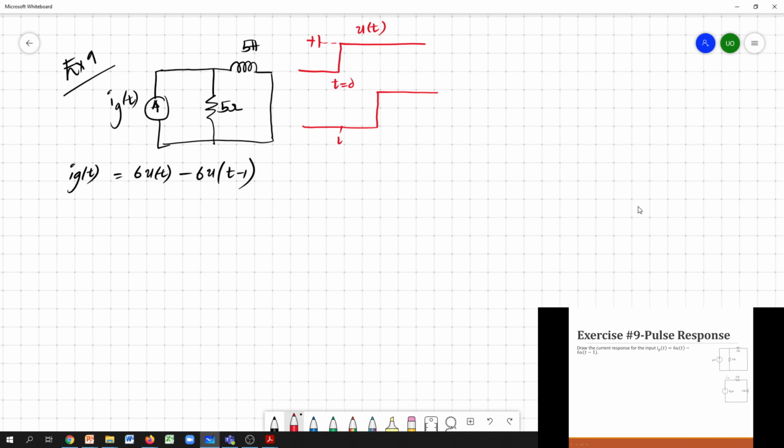This is t equals 0, and this unit step is shifted by 1 unit, and this is u(t minus 1). Now what about the sum of these two?